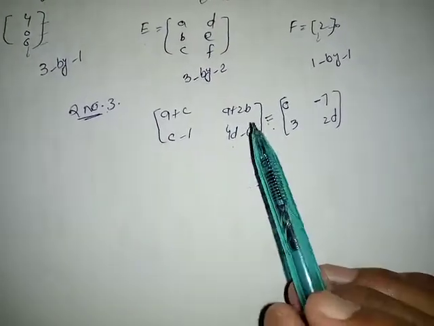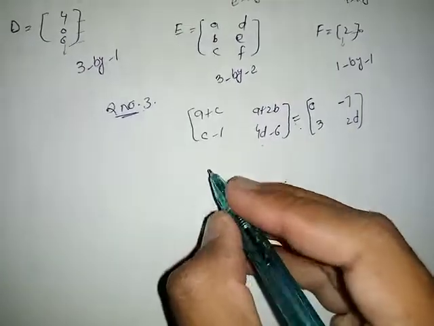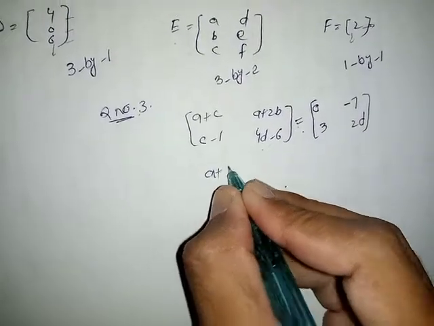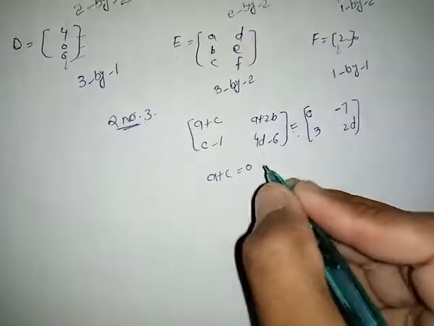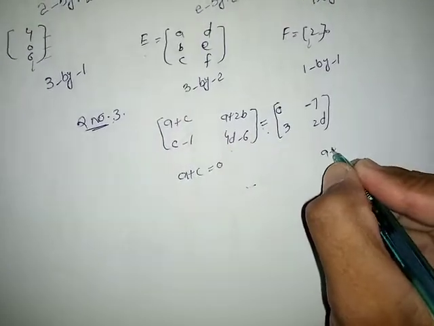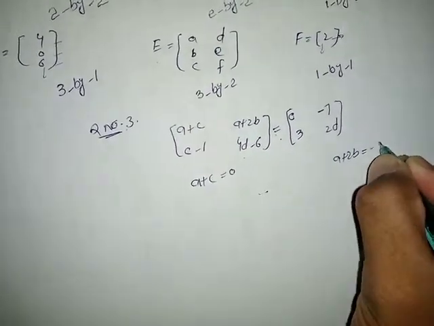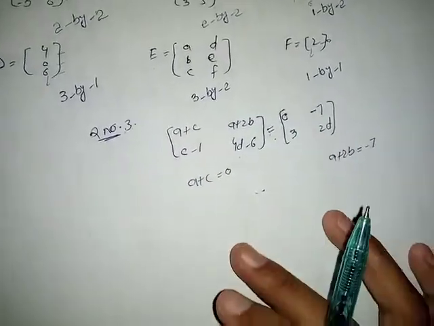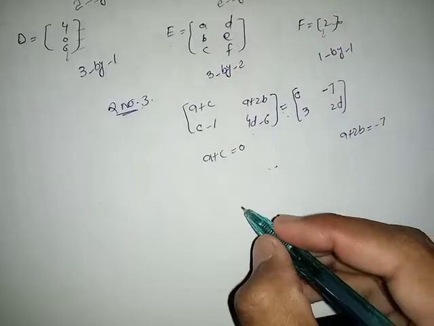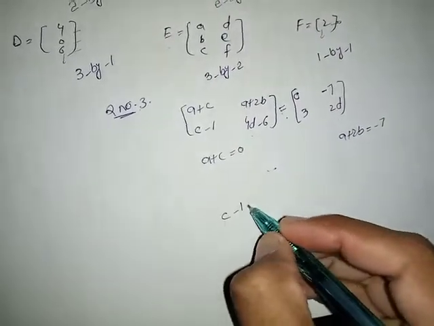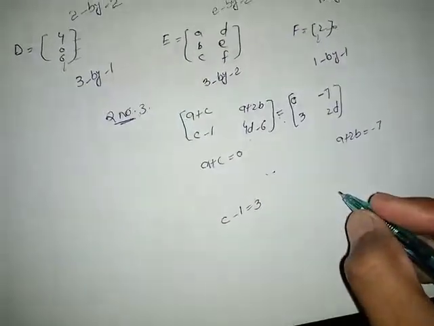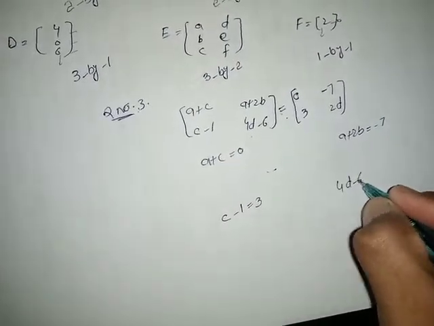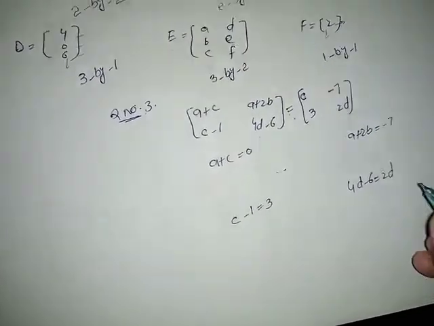So if corresponding entries are equal, we can write a plus c is equal to 0. Similarly, a plus 2b is equal to minus 7, c minus 1 is equal to 3, and 4d minus 6 is equal to 2d.